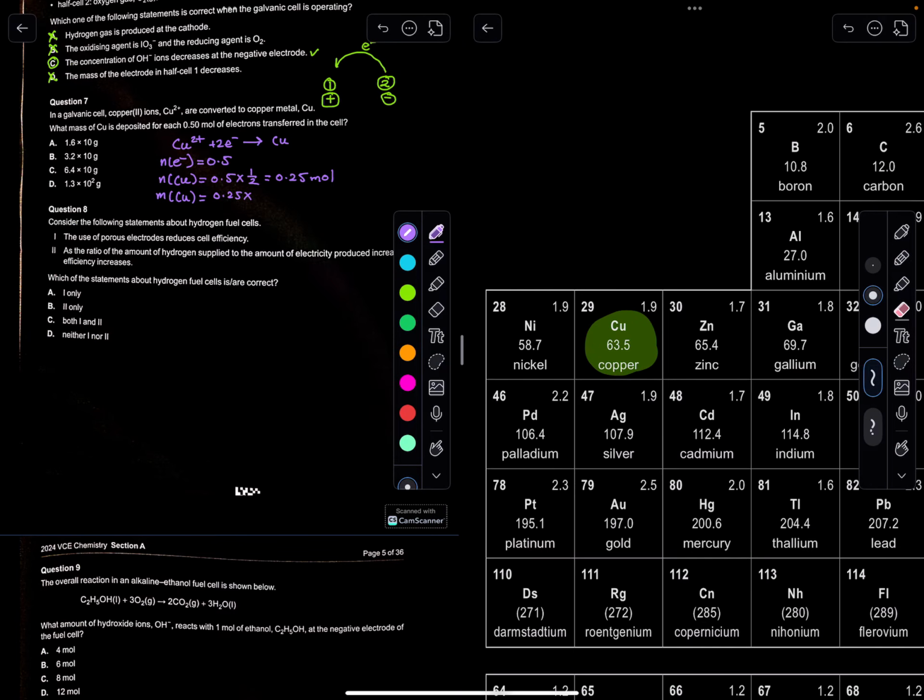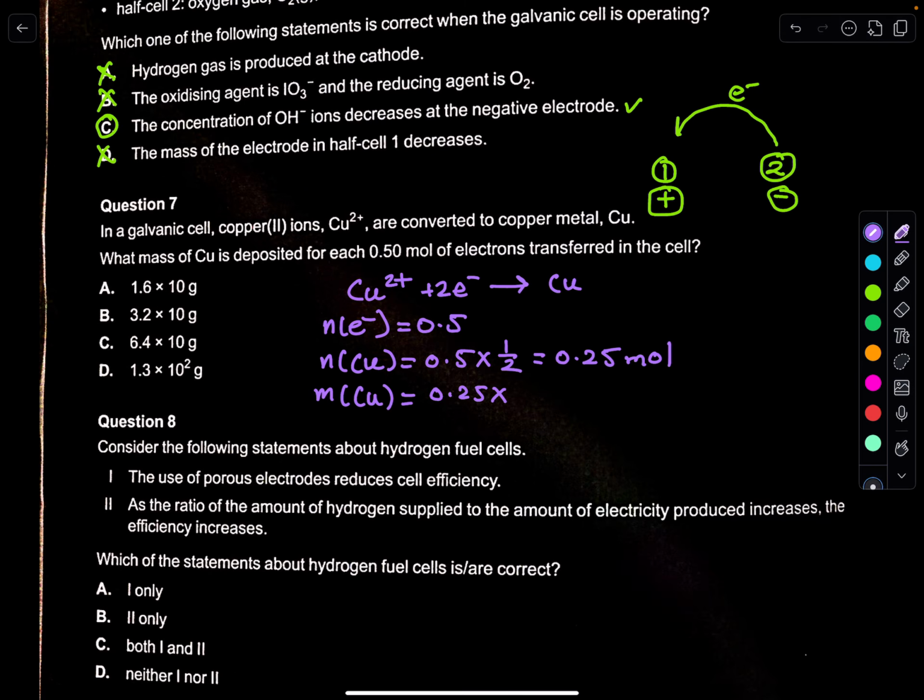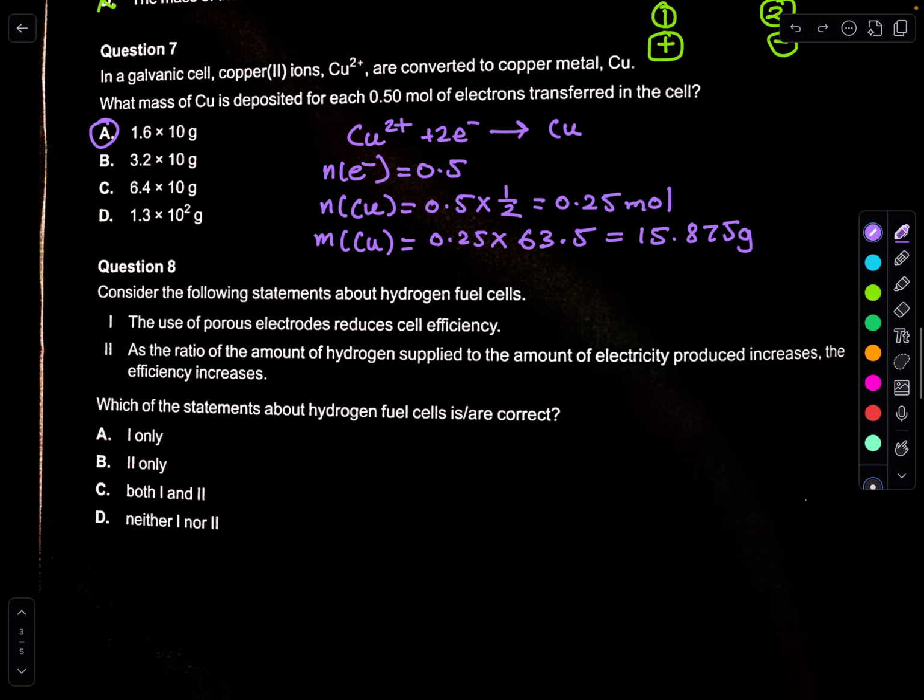So 63.5, and that gives me what mass? 15.875 grams, which gives me A as my answer. So basically 1.6 times 10 is 16 grams, so it's the closest one. All right, so 7A.